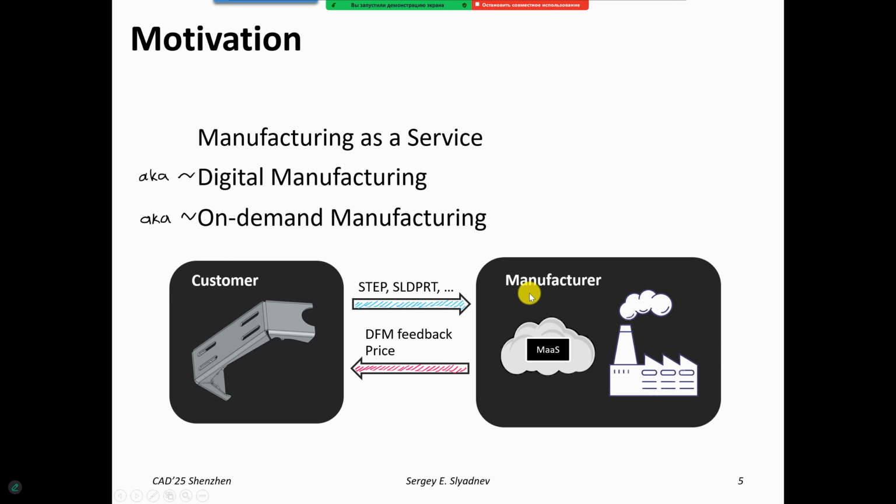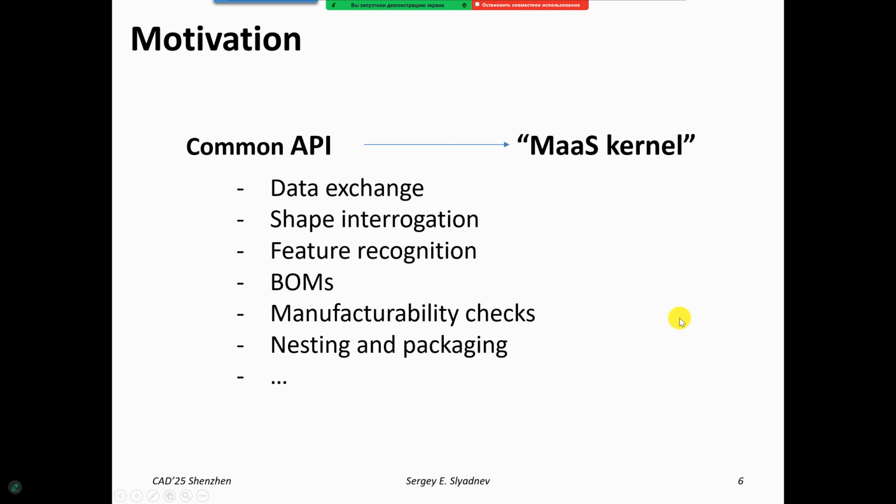So in order for these two feedbacks to be possible, in order to receive this manufacturability report and quotation, what is necessary at the end of the manufacturer or this specialized CAD service is to analyze the part and to feature recognize the part, if we are talking about traditional computational geometry-based methods.